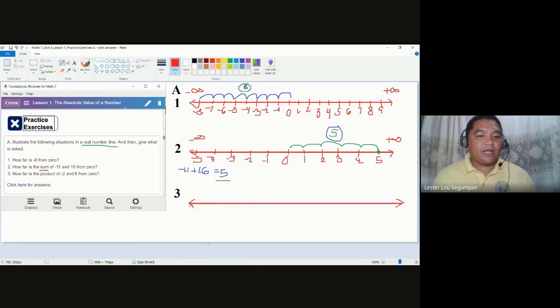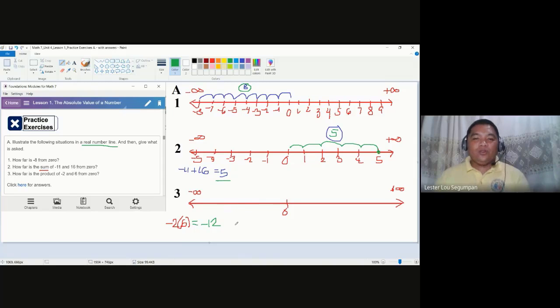But let's look at number three. It's not about 6, it's not about negative 2. So do not be confused about your scaling here, but it should be the product of negative 2 and 6. So negative 2 times 6, multiplication of two numbers with different signs will yield negative. Negative 2 times 6 is negative 12. So instead of having a real number line until 6, on the other side probably negative 6, we need until 12.